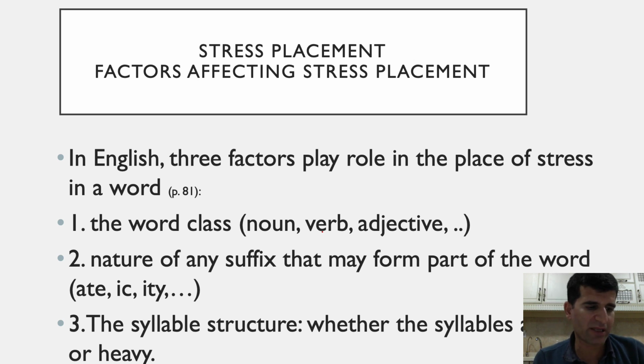Pages 81, 82, and 83 are about the placement of stress. We have insane. Since we do not have a suffix, it acts like a verb, and since it acts like a verb, for the placement of stress we look at the final syllable. Since it's a heavy syllable, it's stressed. Okay.